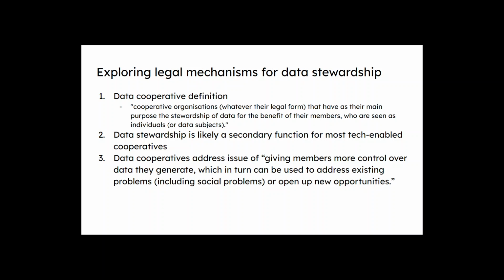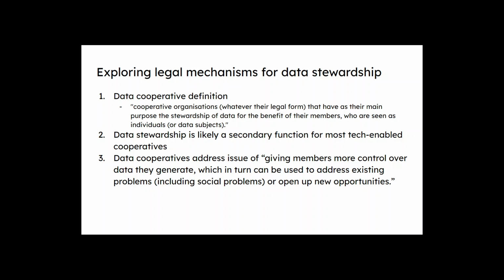So first we have the definition. The paper defines data cooperatives as cooperative organizations, whatever their legal form, that have as their main purpose the stewardship of data for the benefit of their members, who are seen as individuals or data subjects.